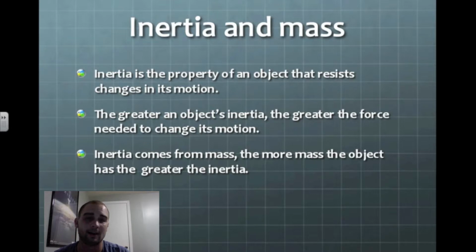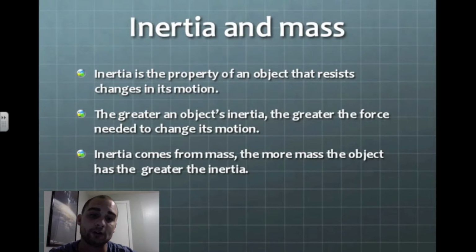All right, or we could switch it. We could talk about if somebody got hit by a scooter. Okay, it's not going to be as bad as if they get hit by a tractor trailer. That tractor trailer has more mass and it has more inertia behind it. All right, scooter has less mass and has less inertia.